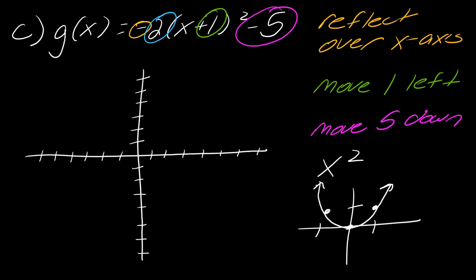Now what this 2 is going to do is take these y coordinates and scale them by a factor of 2. So I can take these 1's here, which occur at 1, right? 1 times 2 is just 2.